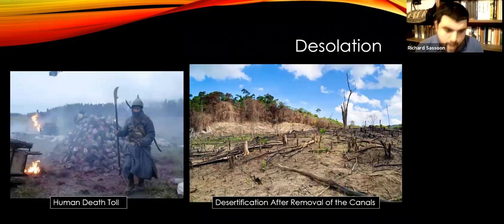And just so we talked about the human death toll on a number of occasions, including the skull piles, which you can see a modern reenactment of on the left-hand side. But one thing that we touched on a little bit earlier, but I want to stress here, is that the area of Central Asia, this Khwarezm area, is not naturally a fertile area.